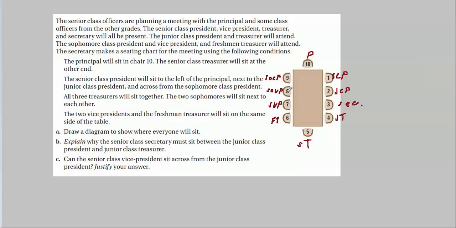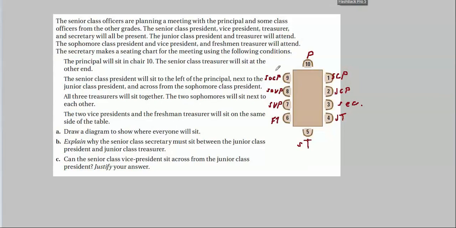Okay, what about the two vice presidents? And the freshman treasurer will sit on the same side of the table. Well, there's a vice president. The treasurers all have to sit next to each other.